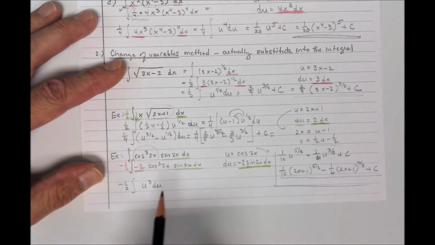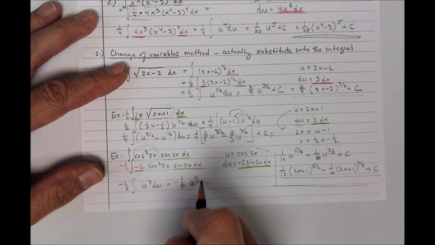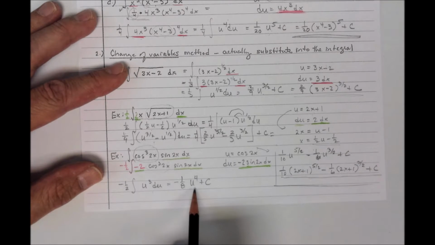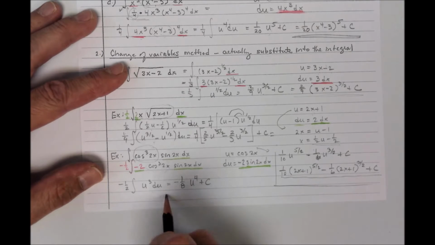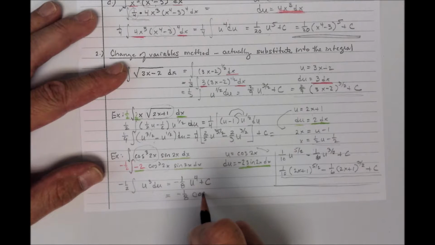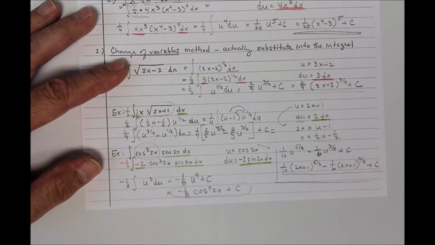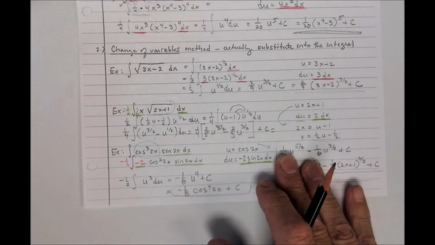Up to 4 over 4. It's negative 1/8 u to the 4th plus a constant. I didn't start with u. I don't want to finish with u. This is negative 1/8. In for u is cosine to the 4th 2x plus a constant. And there's my guy. This is a little bit more involved. You're going to need to practice this one a lot.